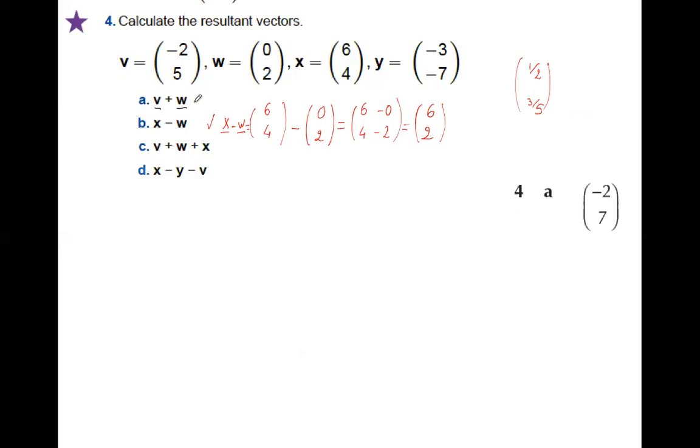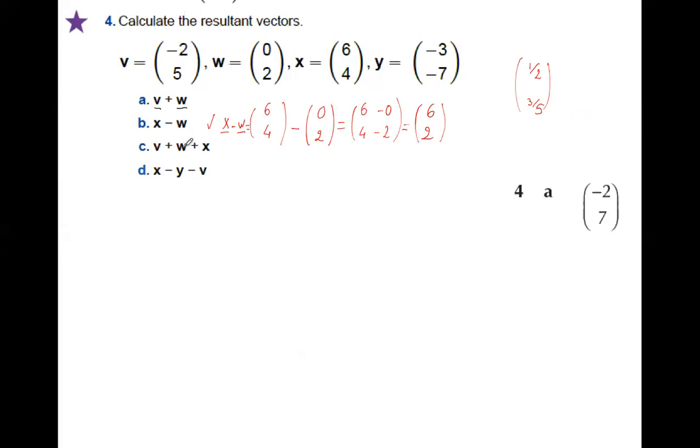So V plus W would be equal to (-2, 7). We did X minus W last time. You just take X, (6, 4), take away (0, 2). You get 6 minus 0, 4 minus 2, which is (6, 2).